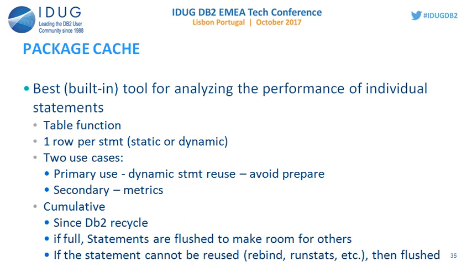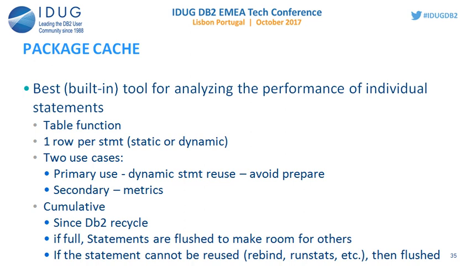The secondary use is for metrics. It's cumulative. That one line for that statement will have totals since DB2 was recycled: how many executions there were, how much total CPU time, elapsed time, and so on. If the cache is full, if you didn't size it big enough, statements are going to get flushed frequently to make more room.